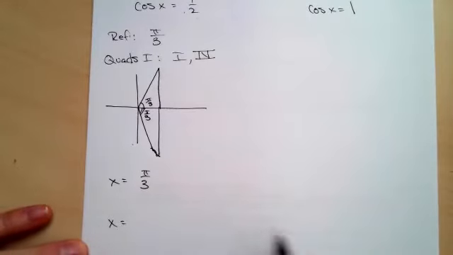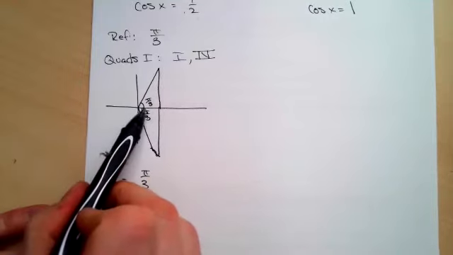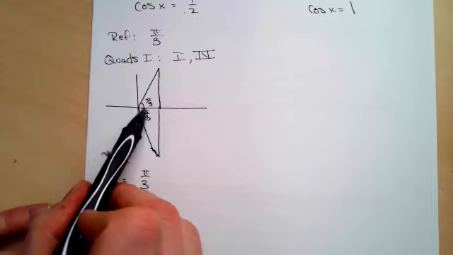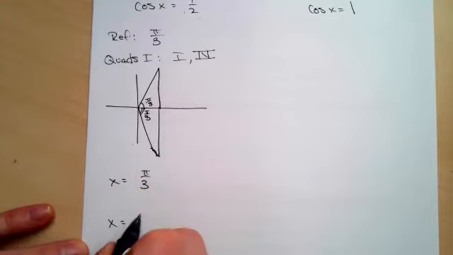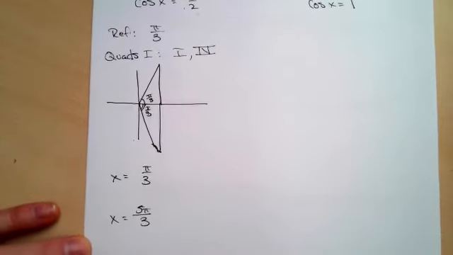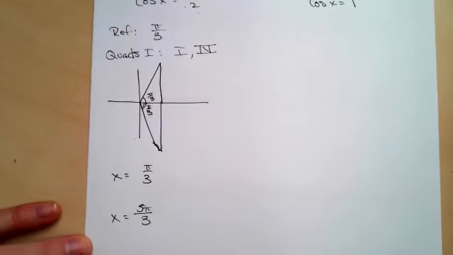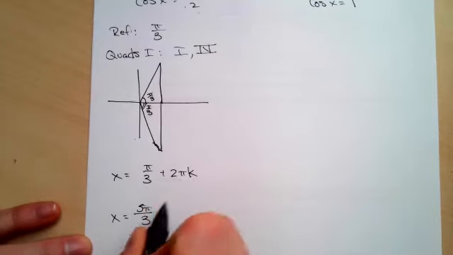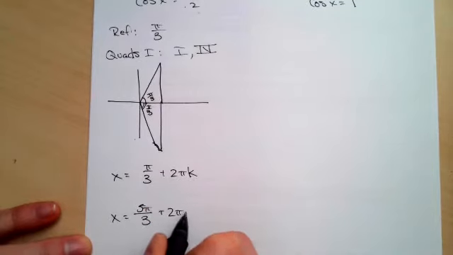And then quadrant 4, how do we get this guy? We can go all the way around the circle. 6 pi over 3 minus 1 is 5 pi over 3. And then our last step, just add on the periodicity factor.